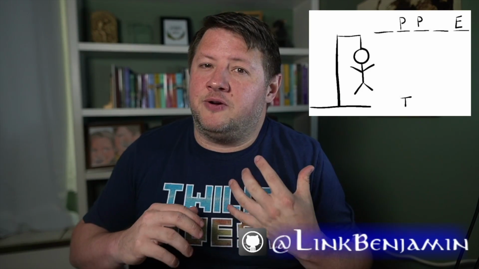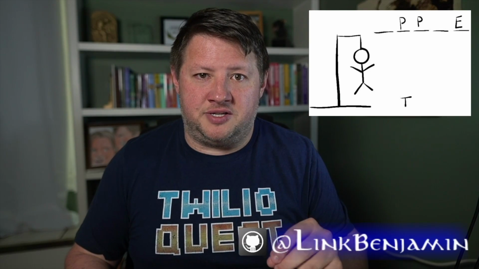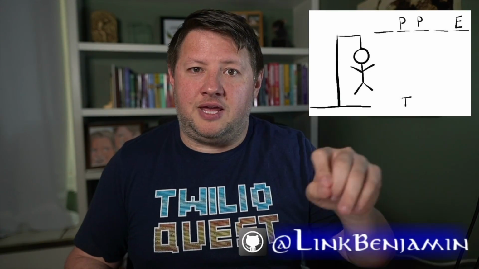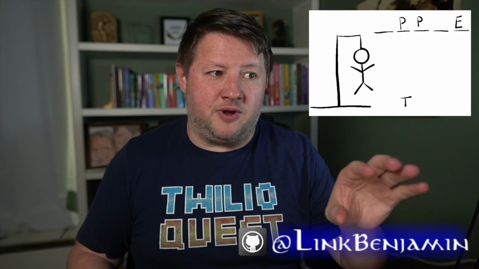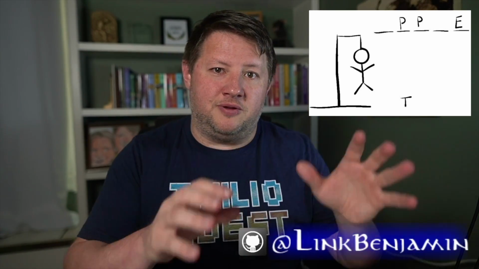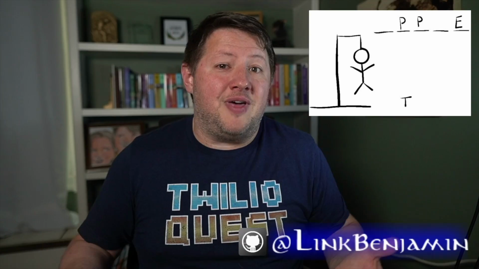But if the letter doesn't appear, then it causes us to draw another line in the hangman board. And once we've got the complete board built with the little guy hanging from it, then that's the end of the game. You lose. So the idea is that you need to figure out what the word is before you run out of letters and your little guy gets hanged. So that's what we're going to do. It's a very simple game if you think about it, not a whole lot of moving parts, but we're going to sort of build this with some overkill involved.